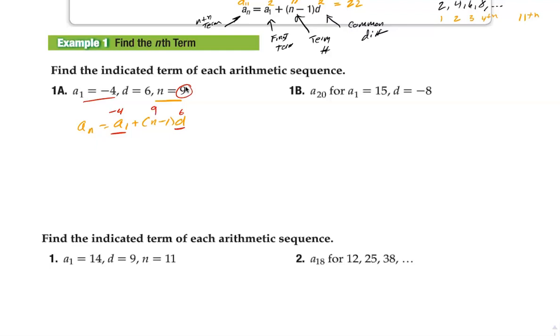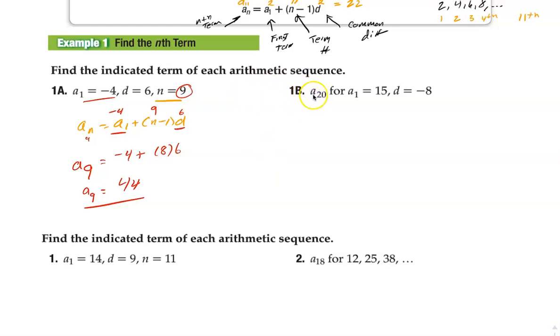So let's use the formula and sub things in. The first term here is -4, the common difference is 6, and I'm plugging in 9 for n. So a_9 is -4 plus (9 minus 1), which is 8, times 6. Multiply that, 48 minus 4, so 44. So the 9th term of the sequence, a_9, is 44. I'm so bad at writing a's. So that's the problem.